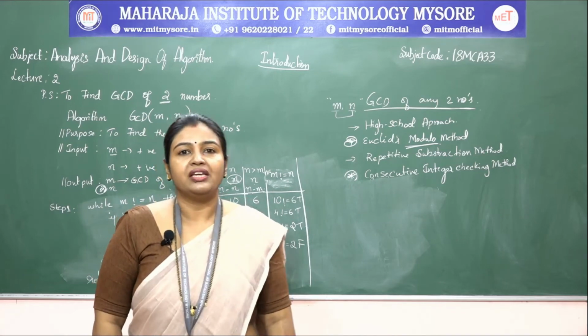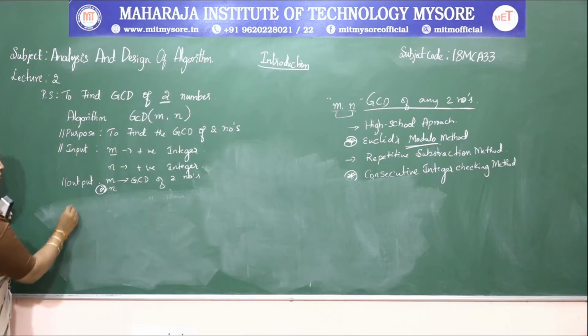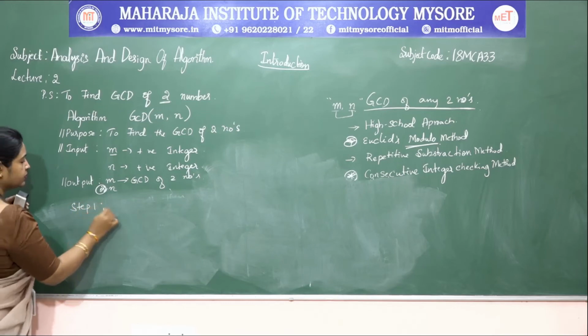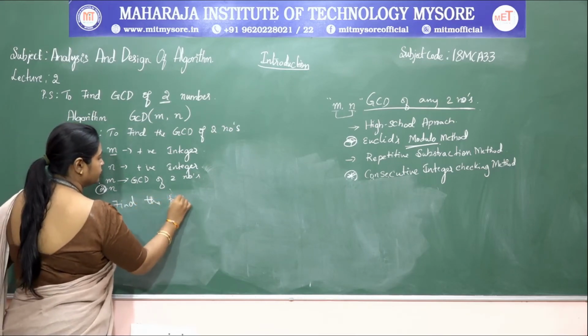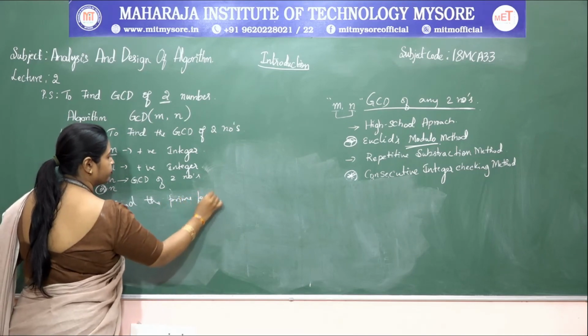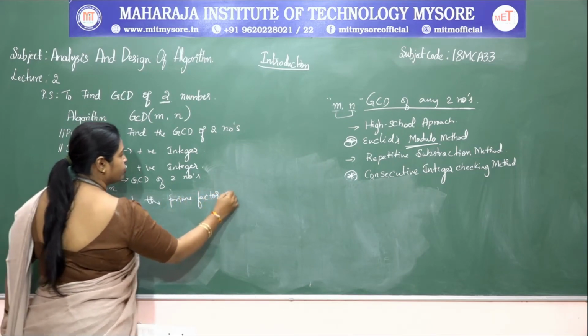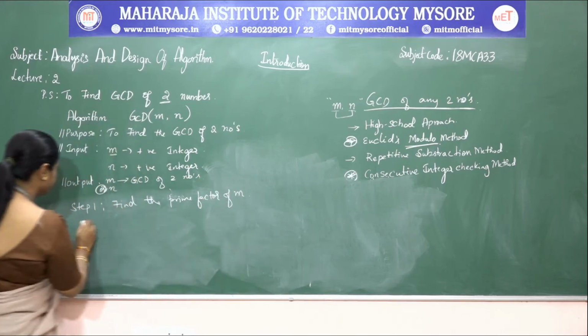So the high school approach is the easiest one. So what is the high school approach? Step 1, find the prime factors of the first number, that is m.